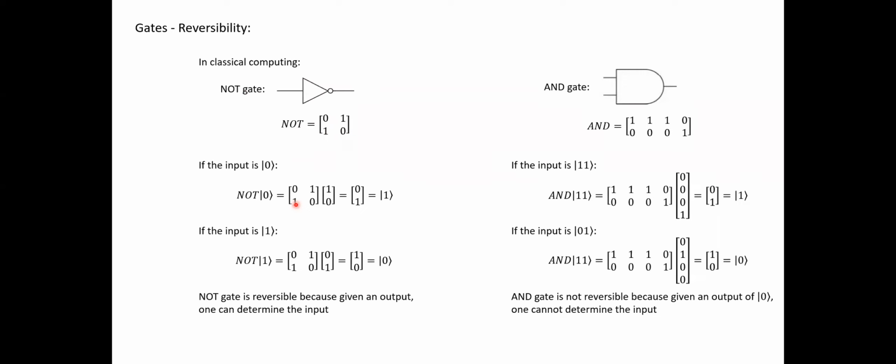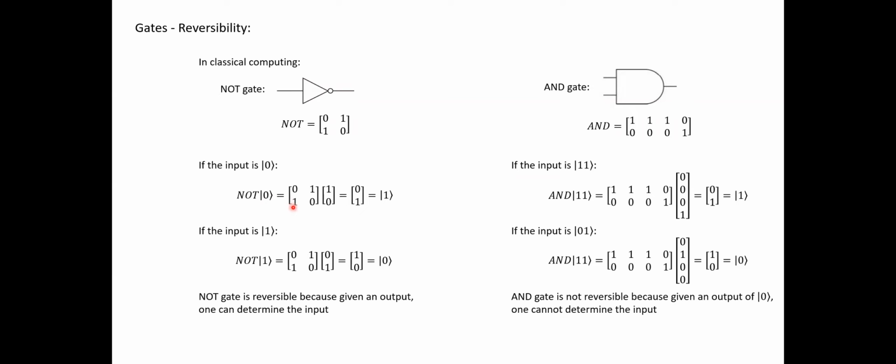If we have an input of 0, remember in classical computing we only have 0 or 1, we can still perform the transformation to get the output. So the NOT of 0 is 1.